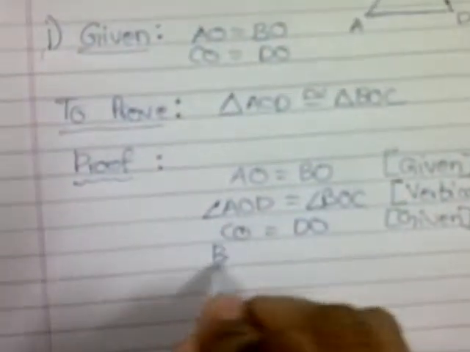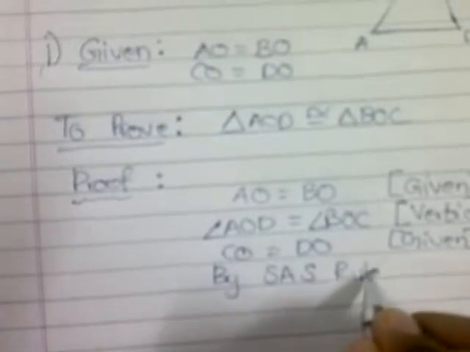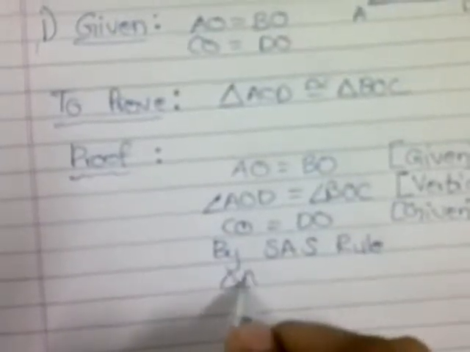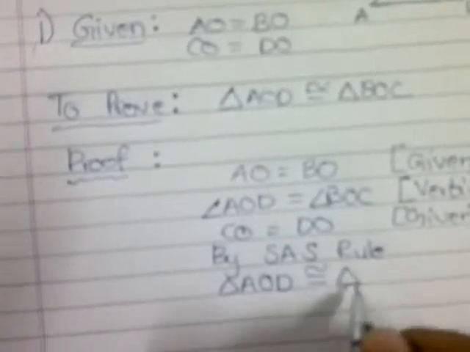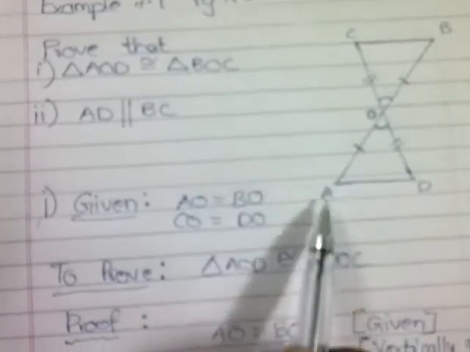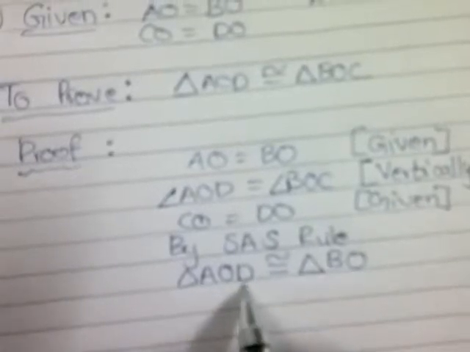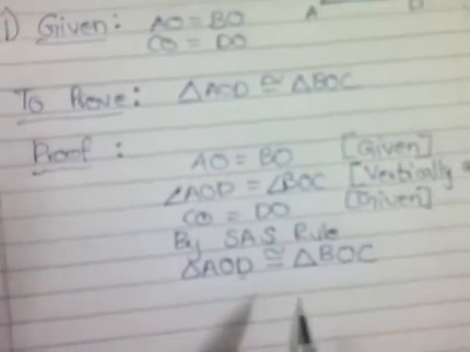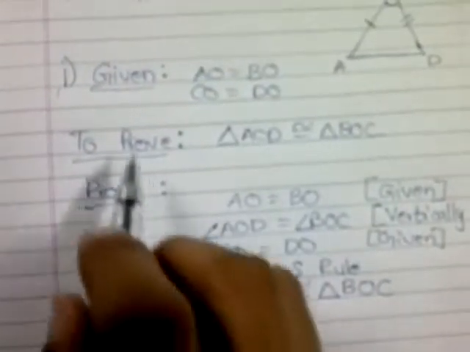So by SAS rule, triangle AOD is congruent to triangle BOC. Here B corresponds to A. B's position is equal to A's. Triangle B O's position is the same, it will not change, and D's position corresponds to the remaining C. Triangle BOC. So that there goes our first proof.